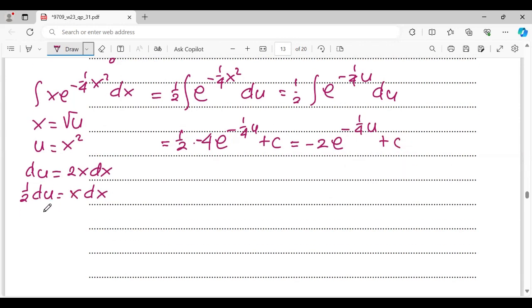So the integral 0 to 3 of x e power minus a quarter x squared dx becomes integral 0 to 3 of minus 2e, this is the integral, where u is x squared.